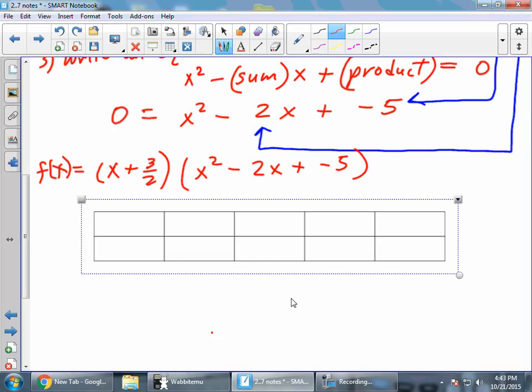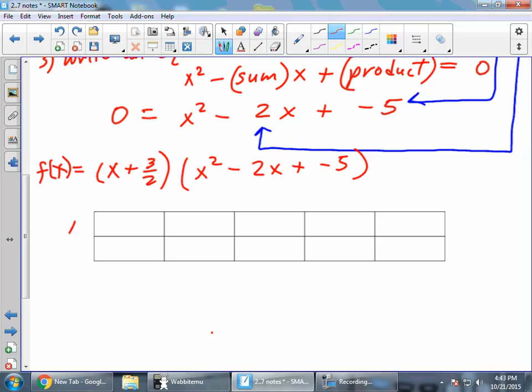And this time, when we have 6 terms like this, I like to use a box. And my box is too big, but that's okay. Okay, I like it. Now, let's fill it in. So this one would be x cubed. This would be 3 halves x squared.